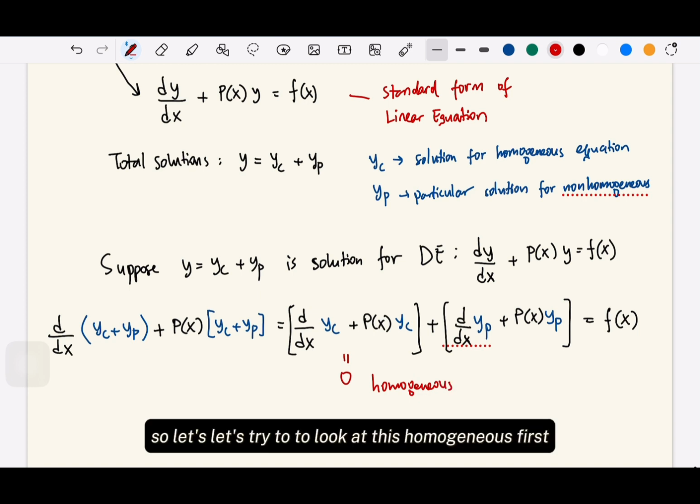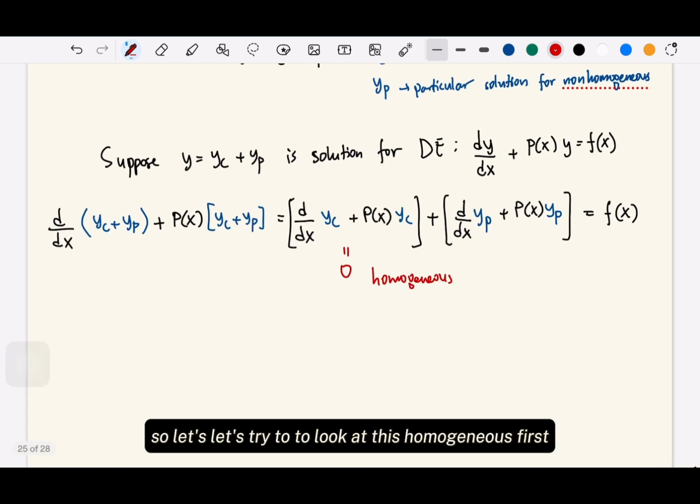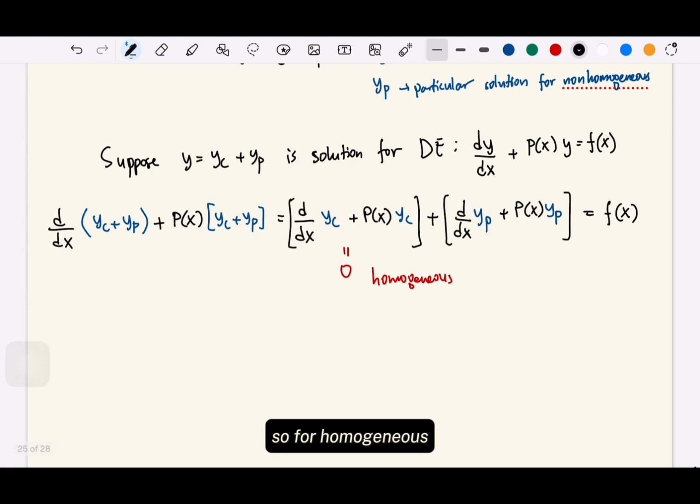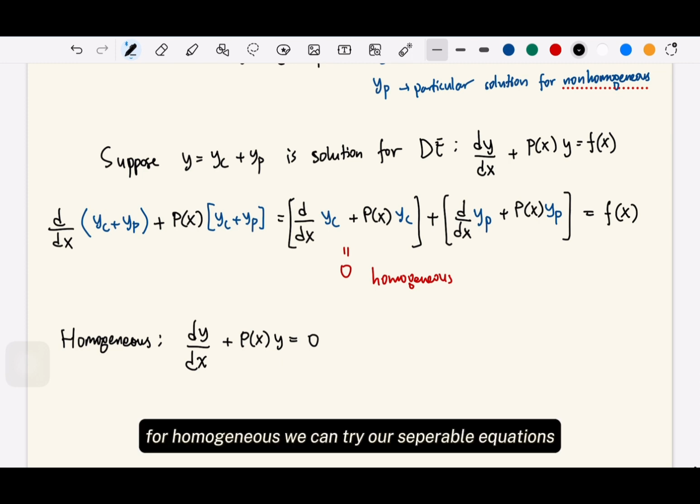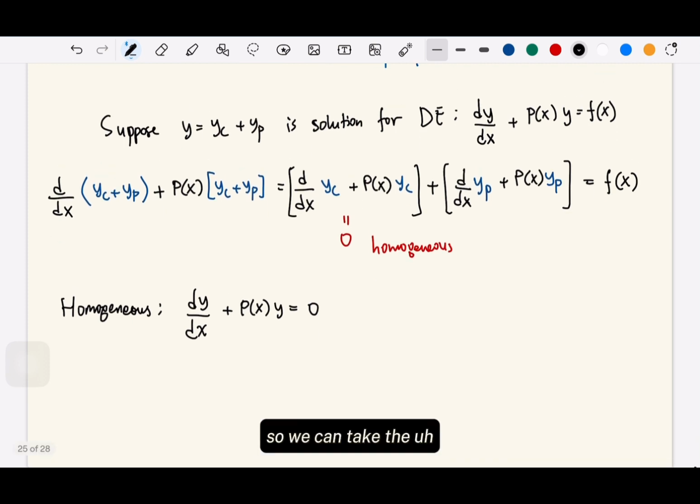So let's look at the homogeneous first. For homogeneous, we can try our separable equations.